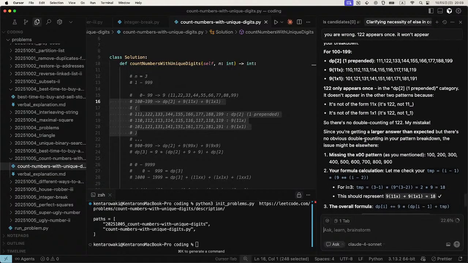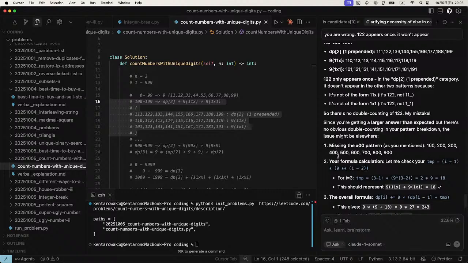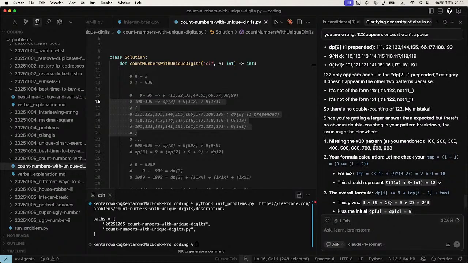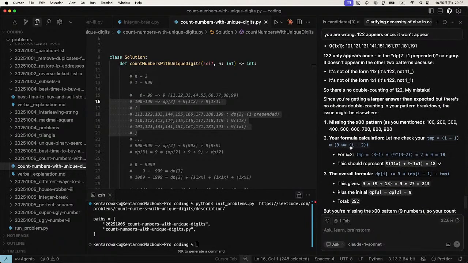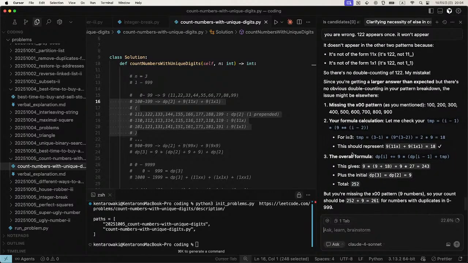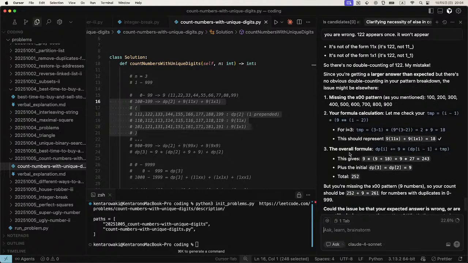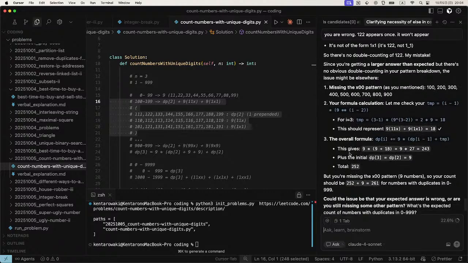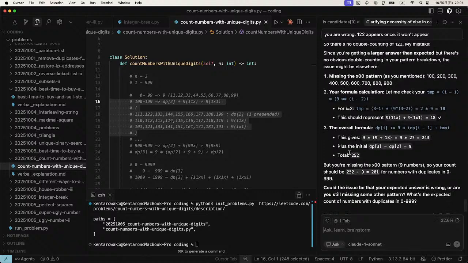Since you are getting a larger answer than expected, there is no obvious double counting in your pattern breakdown. The issue might be elsewhere. Missing the 00 pattern? Okay. Your formula calculation. Let me check.